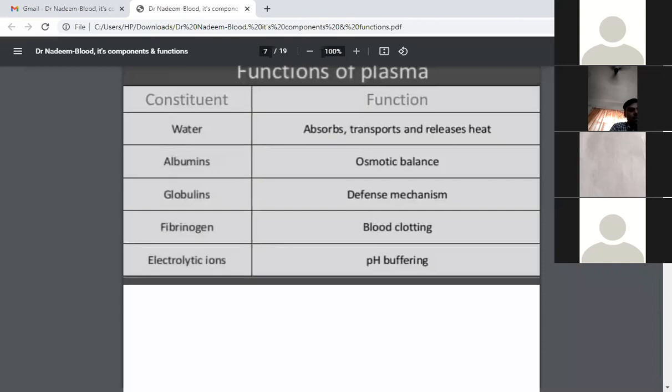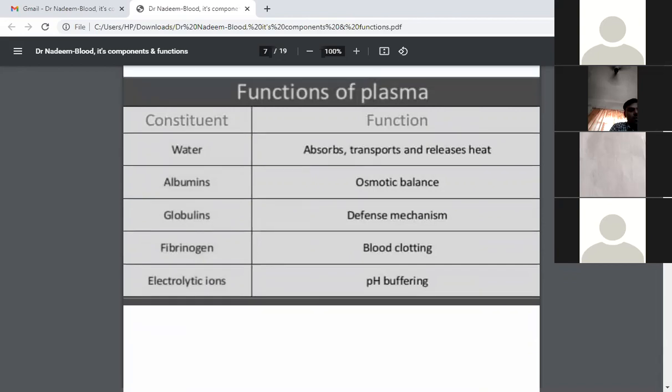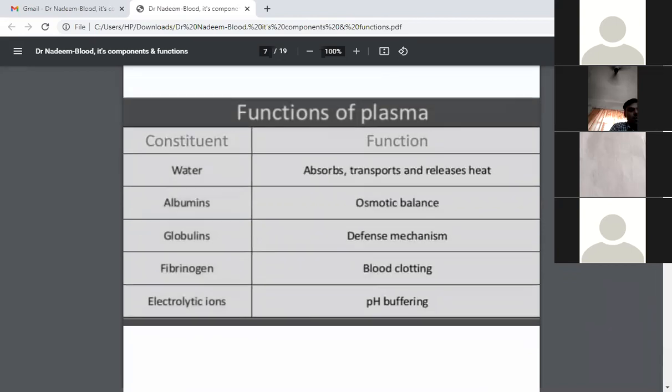Now, what are the functions of plasma? Of the different components, the majority is water, which absorbs, transports, and releases heat. Albumin maintains osmotic balance, while globulins are for the defense mechanism, that is immunoglobulins, antibodies.